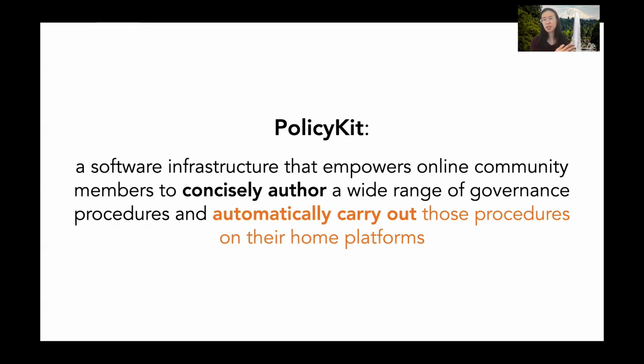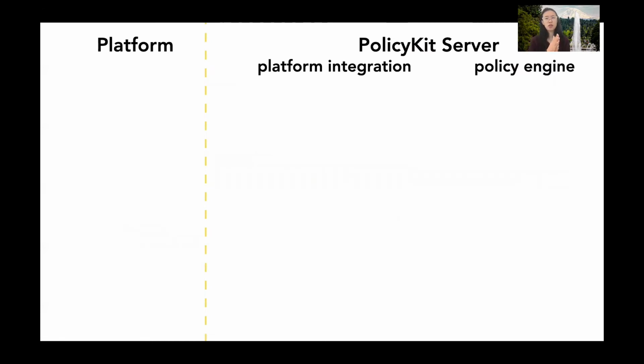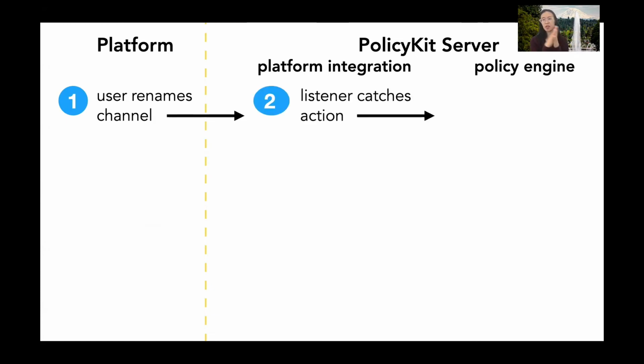I'll explain how PolicyKit does this, and this explains why we break down a policy into six functions. Okay, so we have 2 services here. We have the platform that the community is on, and we have a PolicyKit server sitting somewhere. So things are happening on this platform, say it's Slack, say a user is trying to rename a channel on Slack. What happens is we have on the PolicyKit server something called a platform integration, where we've written bindings to that platform's API, where we're able to listen to things that are supposed to be governed.